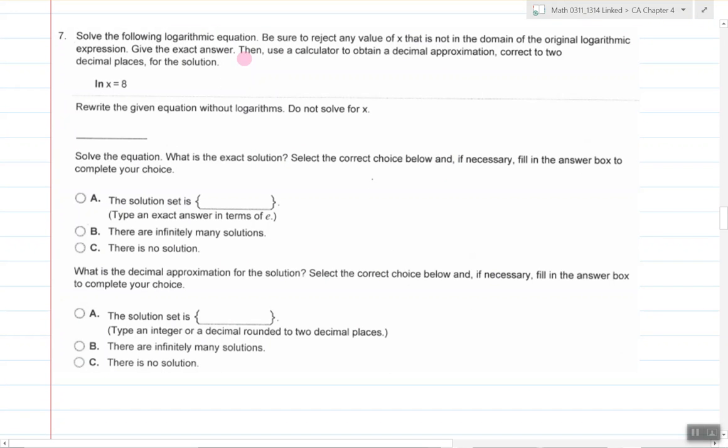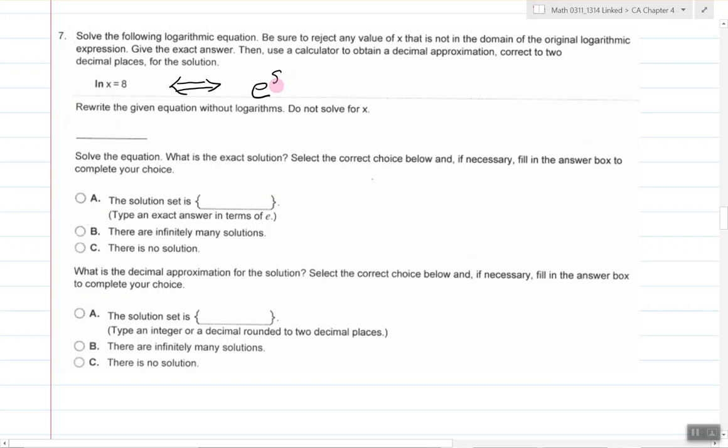All right, I'm supposed to solve this. Okay. First of all, it says rewrite the given equation without logarithms. Do not solve. So this is just where I am rewriting it in exponential form. The base is e because it's a natural log.